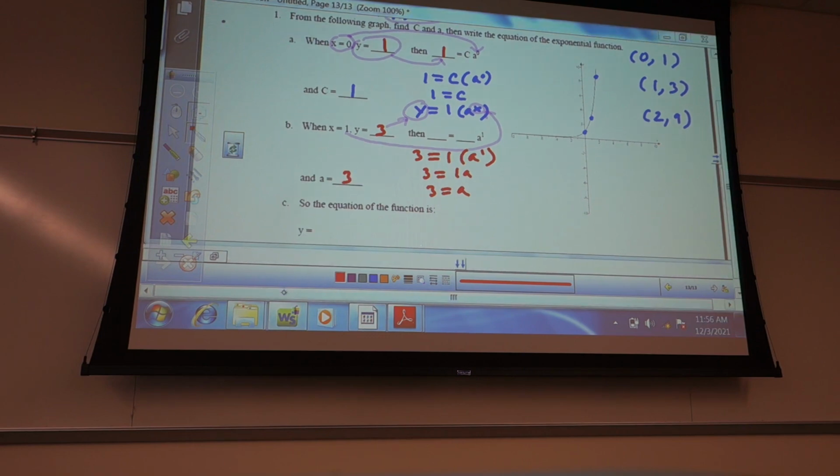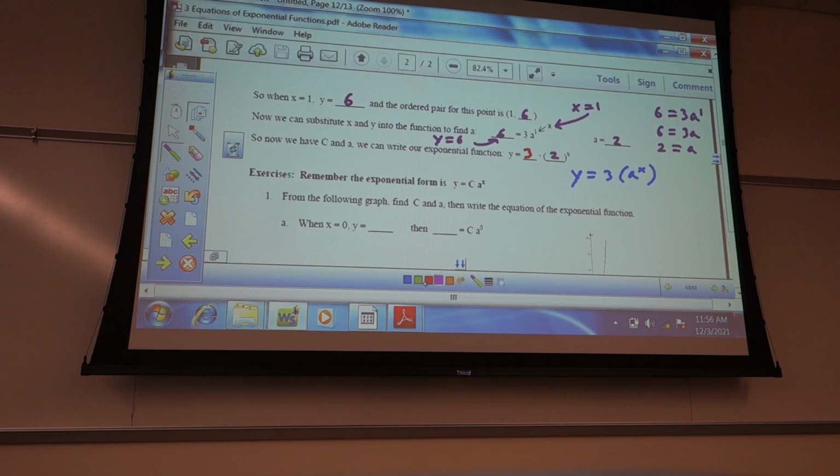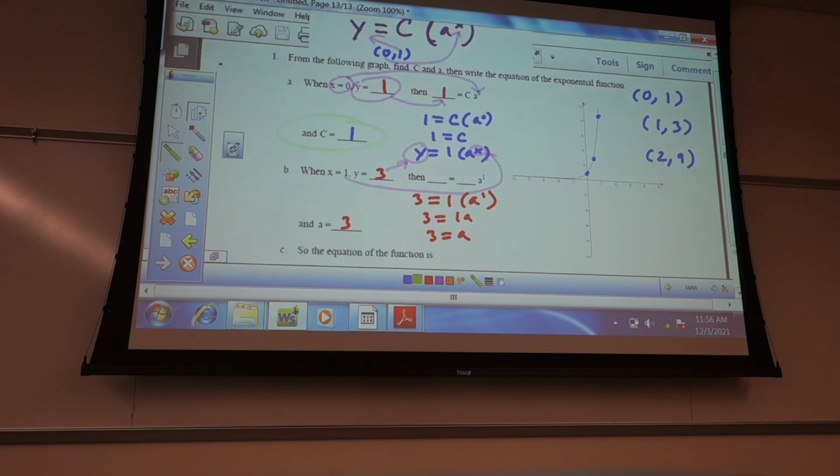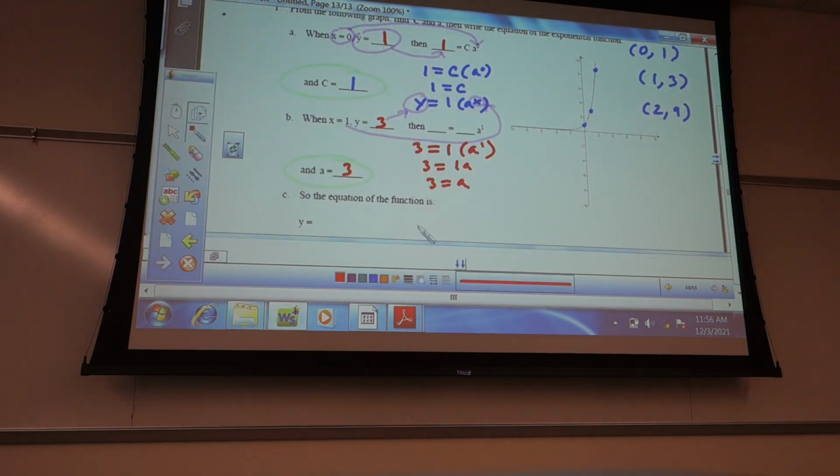So now do I have my c? What's my c? C is 1. What's my a? 3. So now I have my function. Y equals c, which is 1, times a, which is 3, to the x.